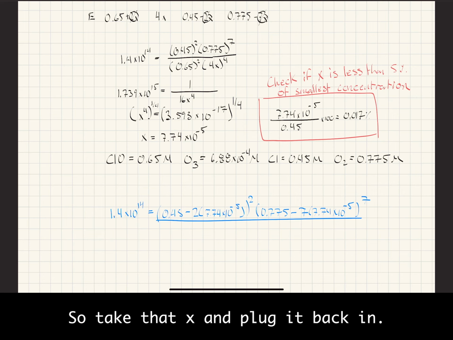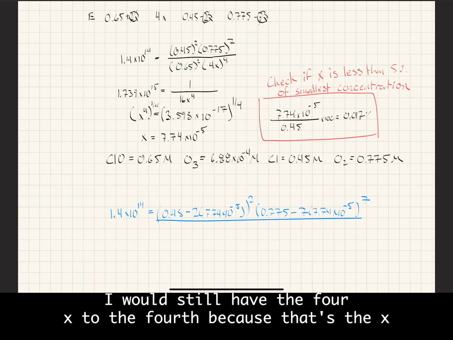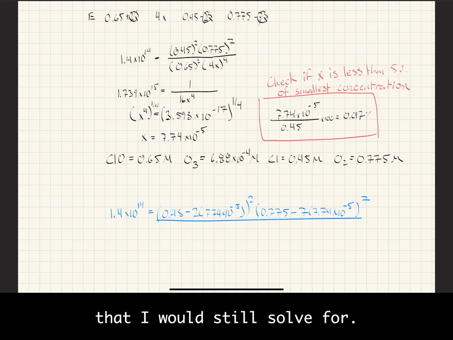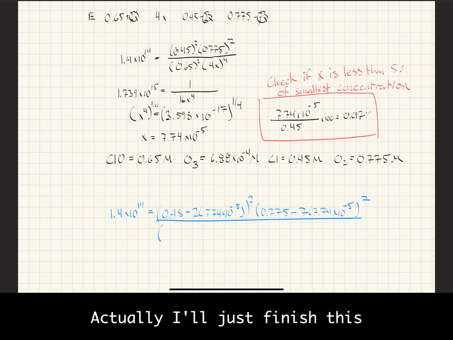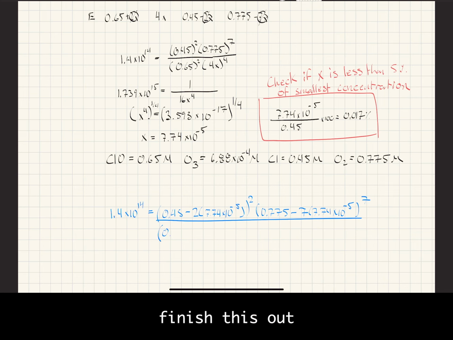So take that x, I would plug it back in. I would still have the 4x to the 4th because that's the x that I would still solve for. Actually, I'll just finish this out. 2 times 7.74.